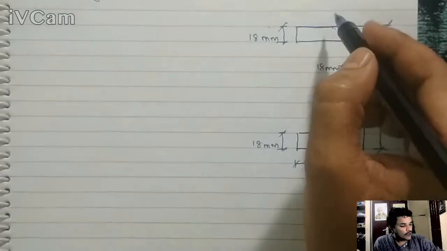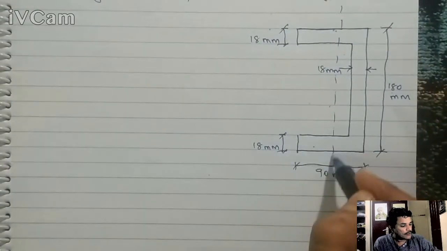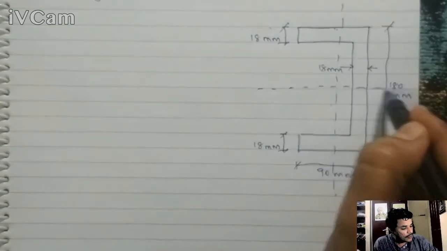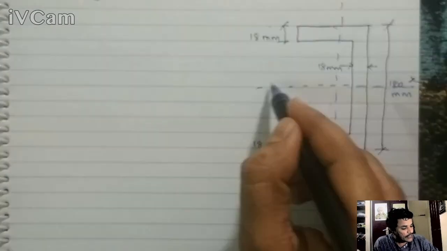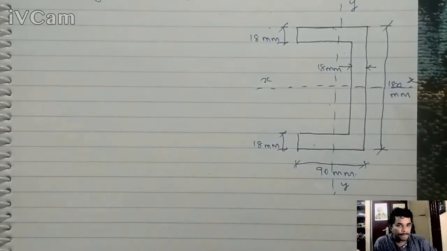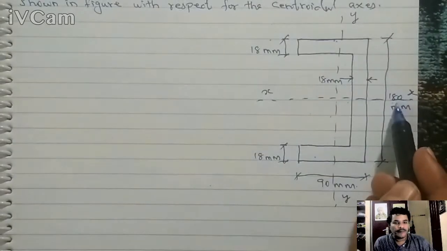Okay, so now I am going to draw the centroidal axis, XX and YY. So this section is symmetrical about the XX plane.